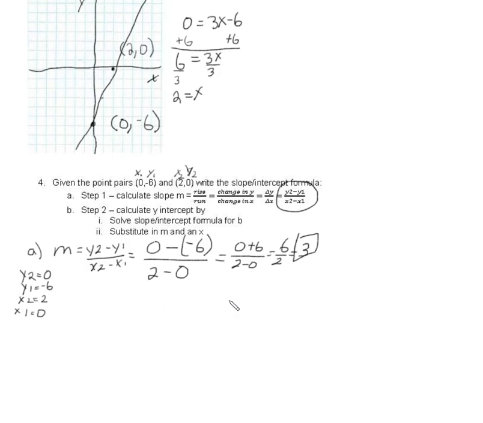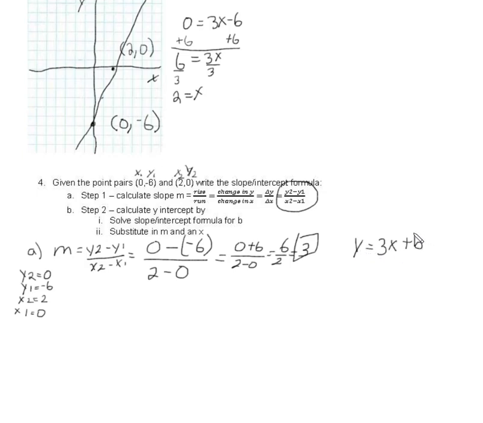All right. So what we have now is that if we were to write this formula out, we have y equals 3 times x, plus b, okay? So we've got 3 variables here.